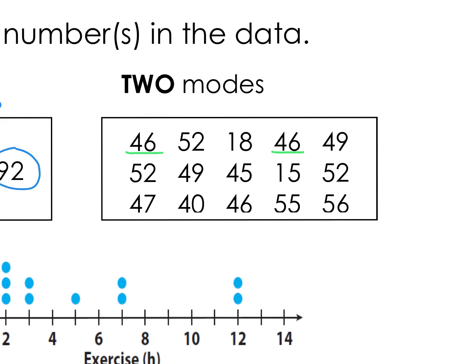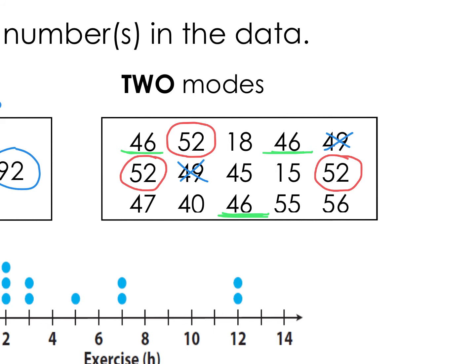Let's see, I see 46 3 times. And if you look closely, 52 also occurs 3 times. Now let me double check. 18, 49 occurs twice.